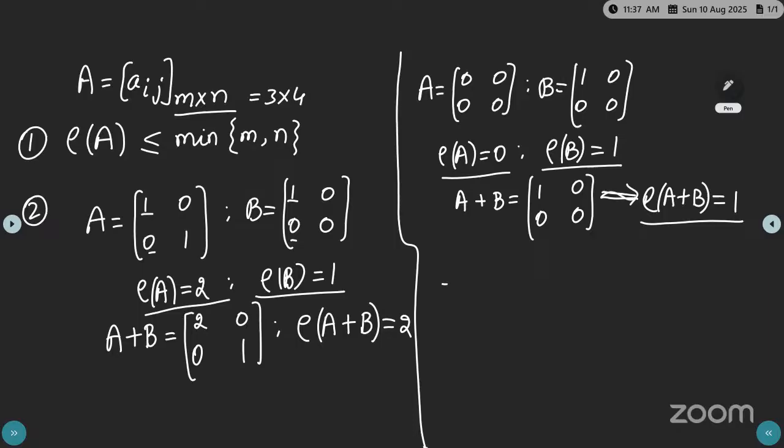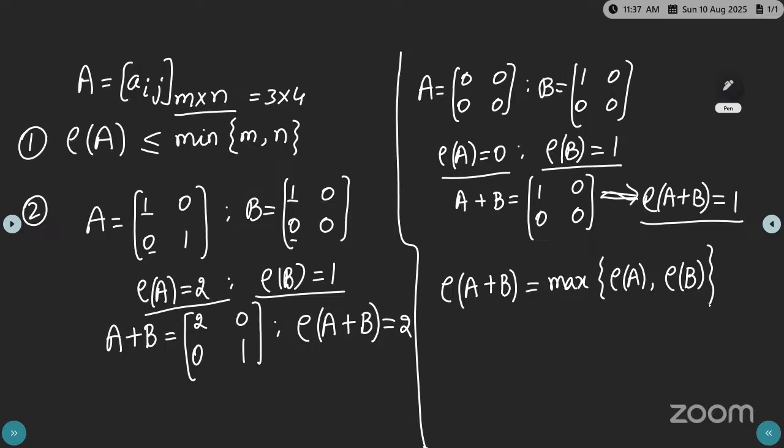Rank of A plus B is equal to maximum of rank of A comma rank of B. Why not this one?